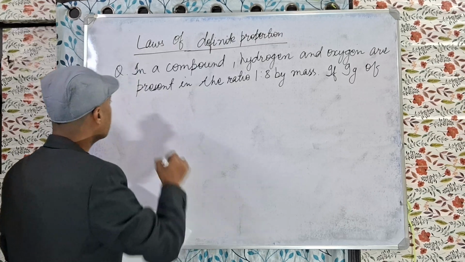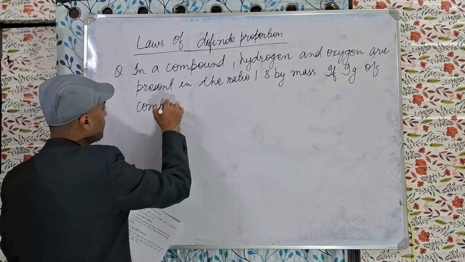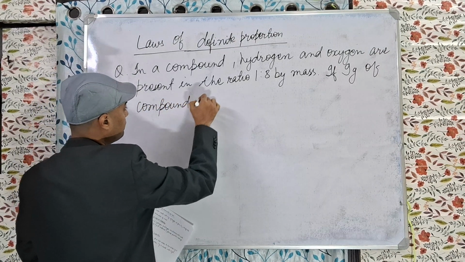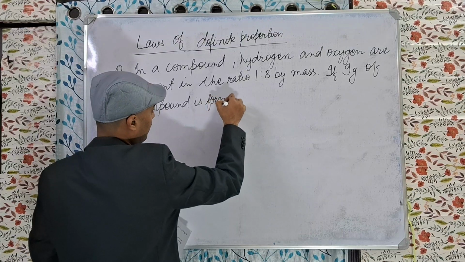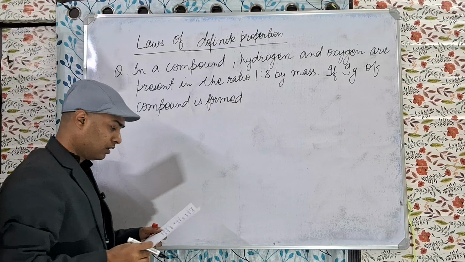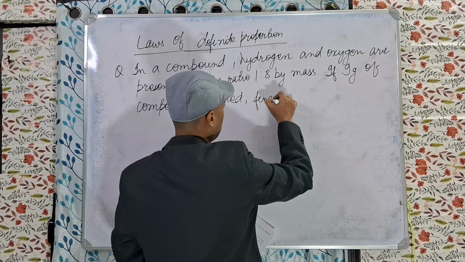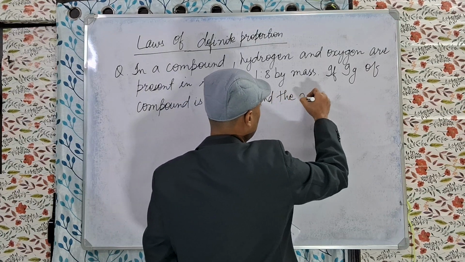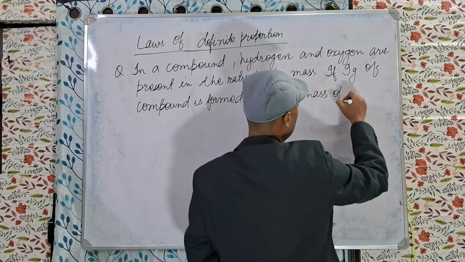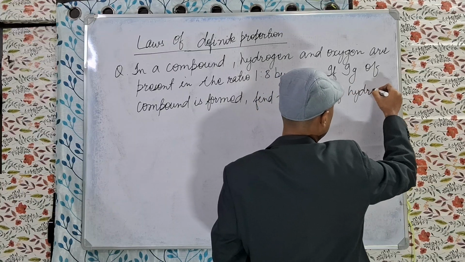If 9 gram of compound is formed, find the mass of hydrogen.